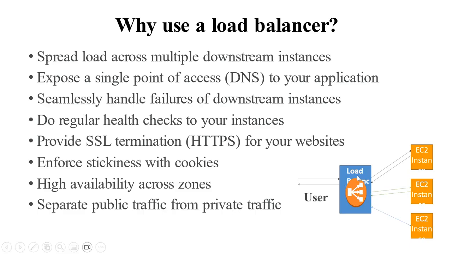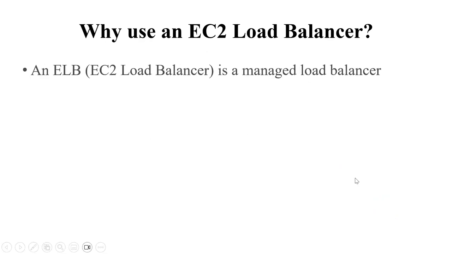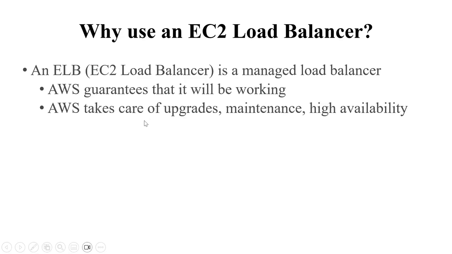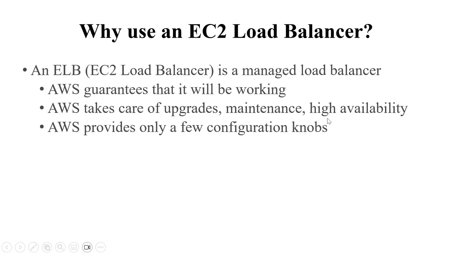So these are the inputs you define to the load balancer that is managed by the AWS team. AWS guarantees that it will be working, and AWS takes care of upgrades, maintenance, and high availability. AWS provides a few configuration knobs, and you configure those as per our application requirements and are ready to go ahead.